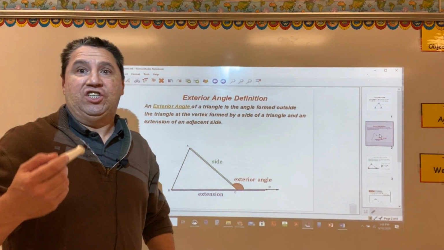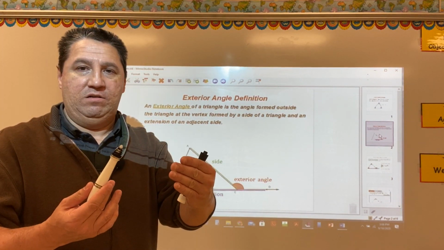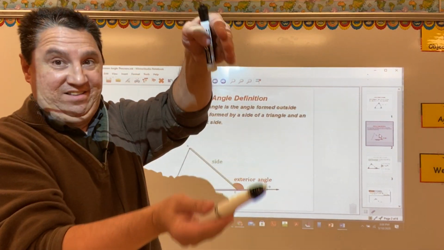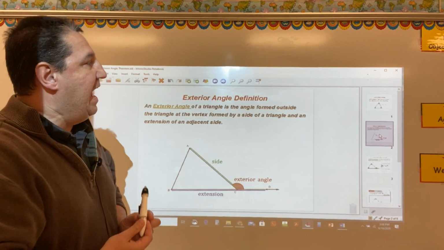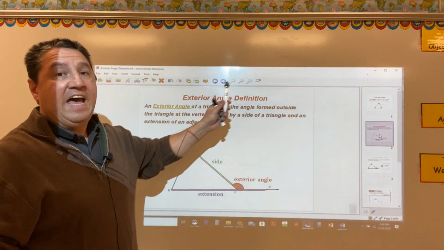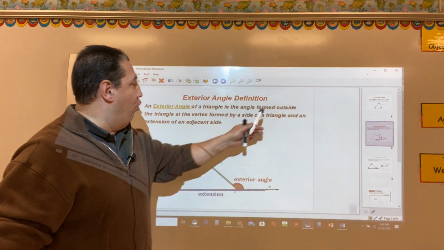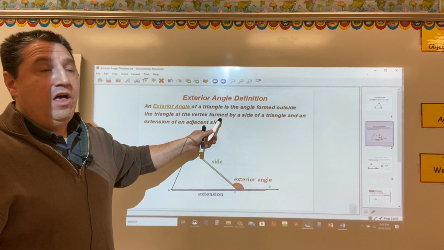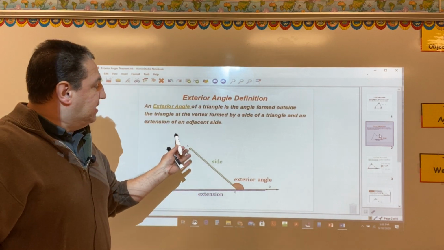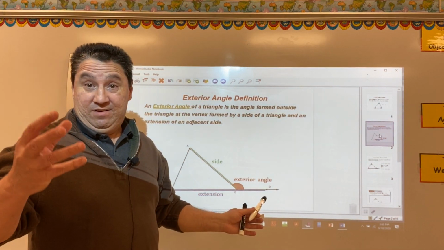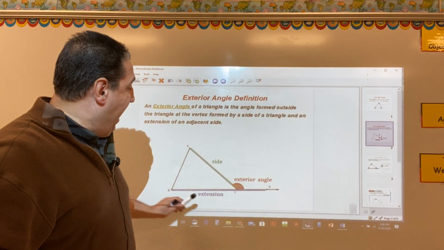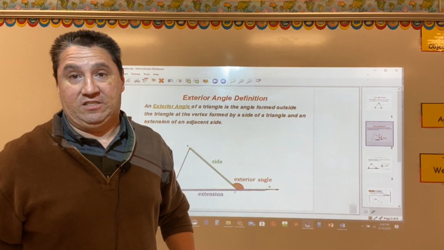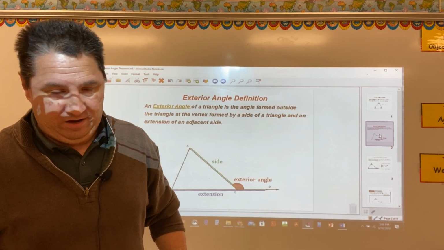As the name suggests, an exterior angle is an angle that is outside the triangle. It is usually an angle formed at the vertex of a triangle, formed by a side of a triangle and an extension of an adjacent side of the triangle.